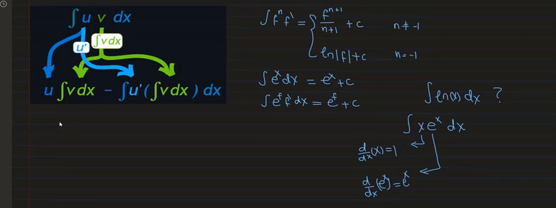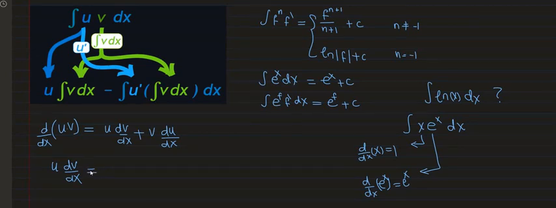We will return back to the product rule of the derivative, u times v. Let's apply the d by dx. The derivative of the product of two functions is the first times the derivative of the second, so u dv by dx, plus the second times the derivative of the first. Then we rewrite this formula.